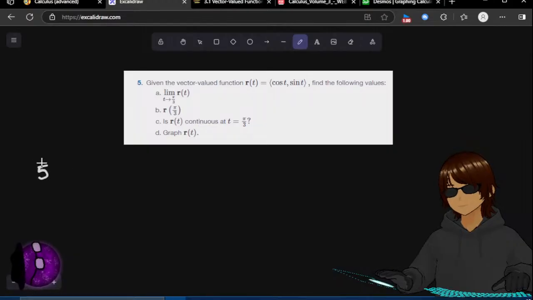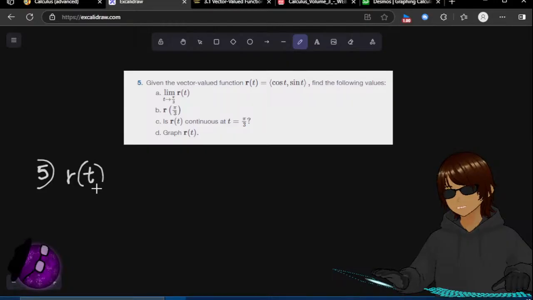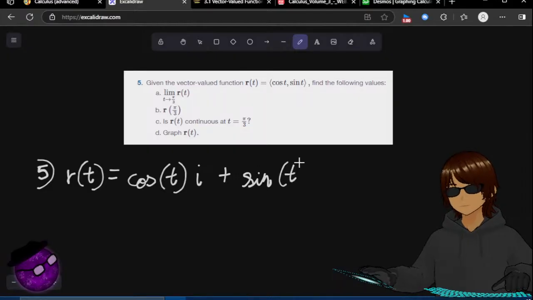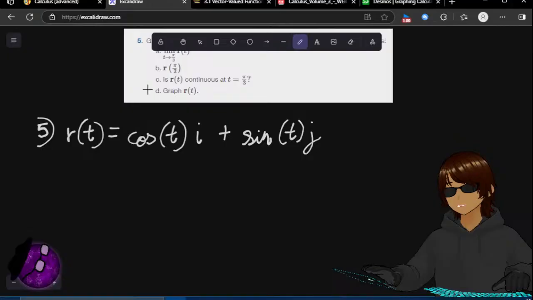So 5, r(t) is, I will write it like this, cos t in the i direction and then sin t in the j direction. Find the following values. So this is pi over 3.